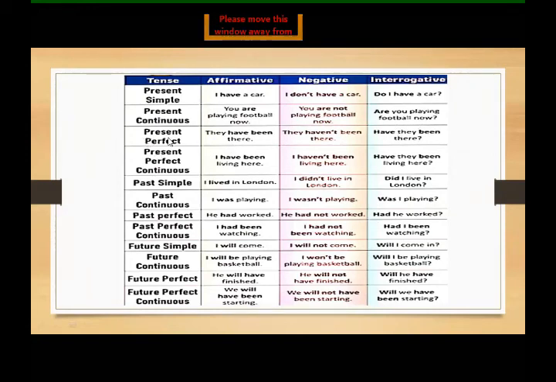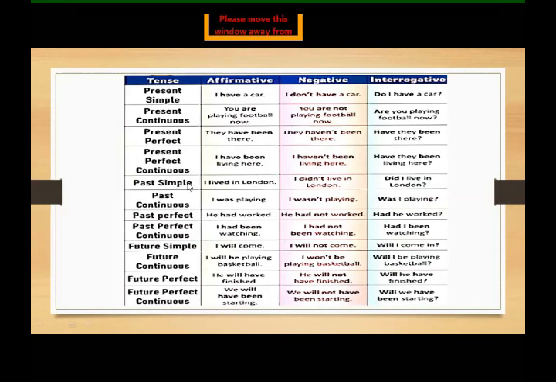Then present perfect: They have been there. Negative: They have not been there, meaning they have not gone there. Interrogative: Have they been there?